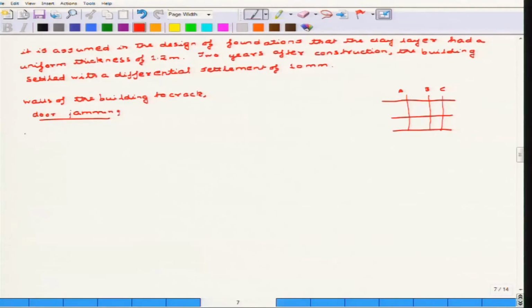So in this case, what we have to do is first find out the vertical stress increase at the center of the clay layer under each foundation.